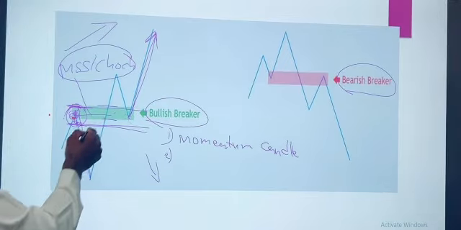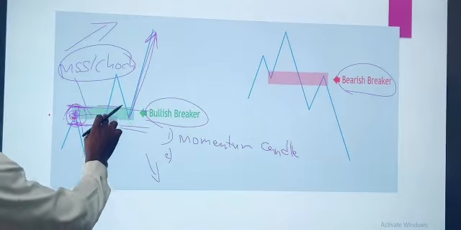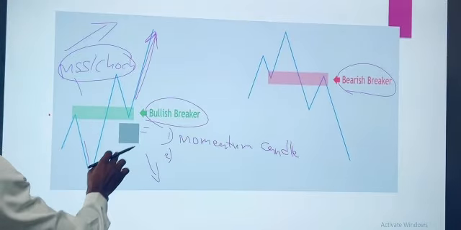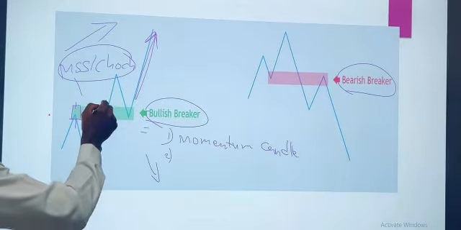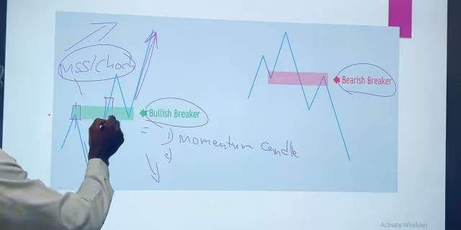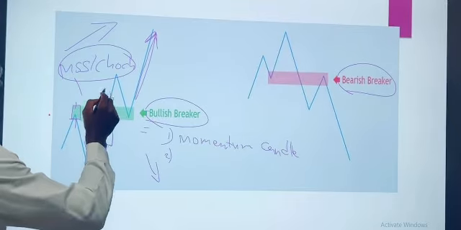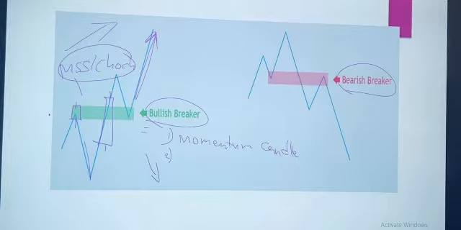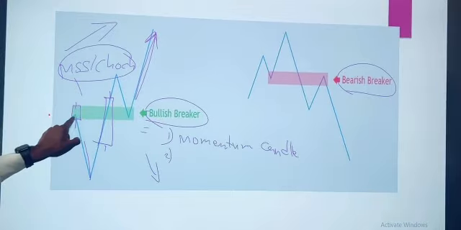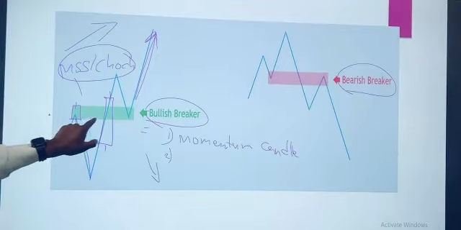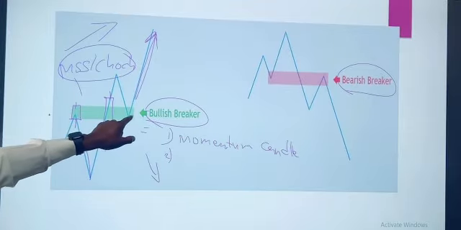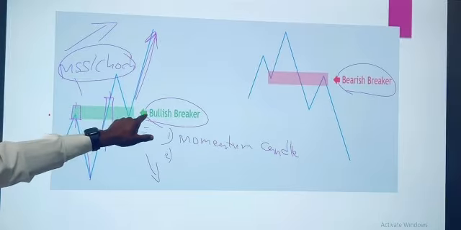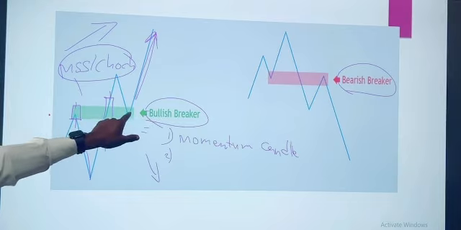The candlestick should be a momentum candle, and you understand what a momentum candle is. If the candlestick that breaks the breaker block is a momentum candle, then this zone, the breaker block, is valid. You can consider it as a breaker block zone, and you can actually trade it.